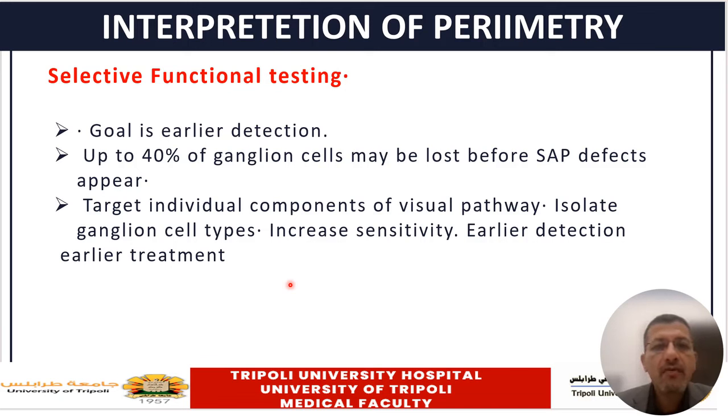Since our target is early detection of glaucoma, we have to pick up the glaucomatous changes as early as possible, and hence selective targeting of a particular type of ganglion cells may open the door for a new era of investigation leading to early detection. We will study this one by one, especially the short wavelength automated perimetry and the frequency doubling perimetry.